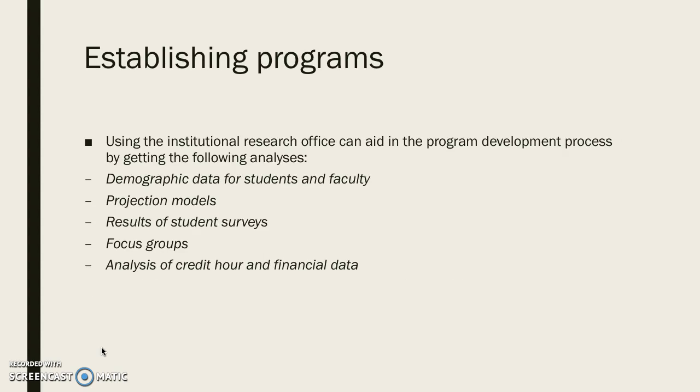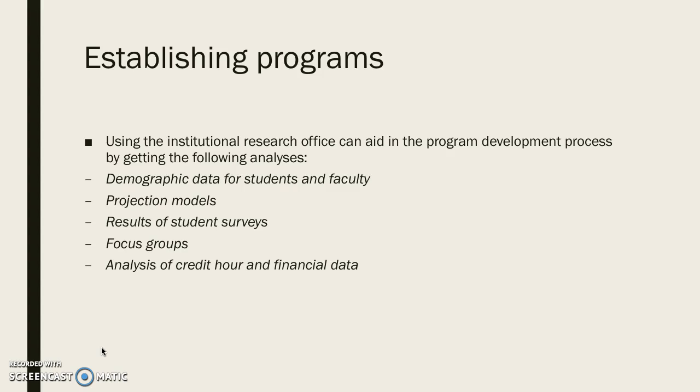The institutional research office can also help establish programs, and this can be done by getting analyses such as on demographic data for students and faculty, having the office produce projection models so you can see the success of your program or class in the future, or having the office get the results of student surveys and focus groups to help establish a great program or an event.